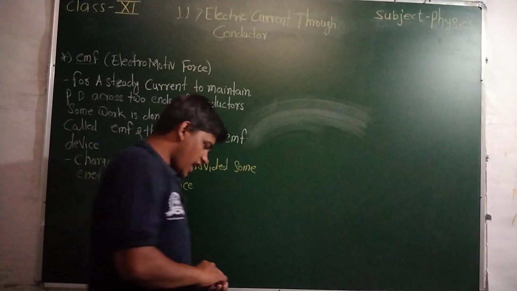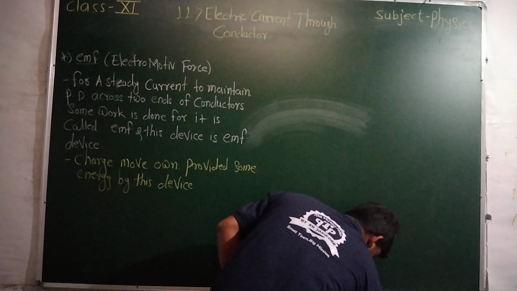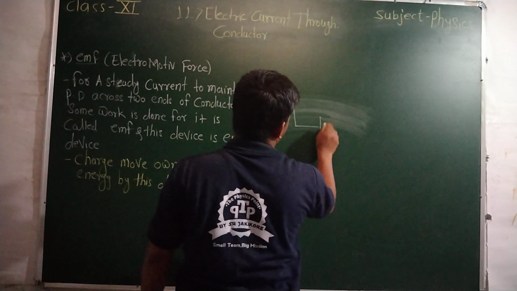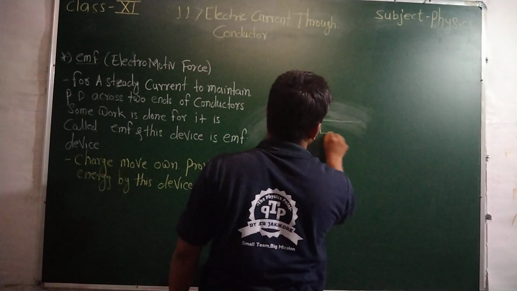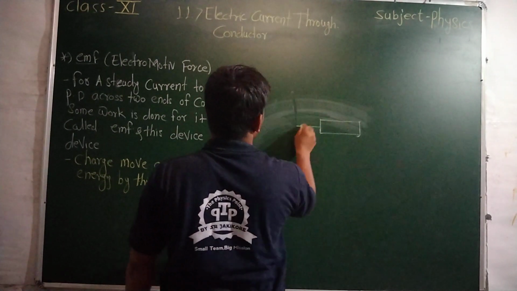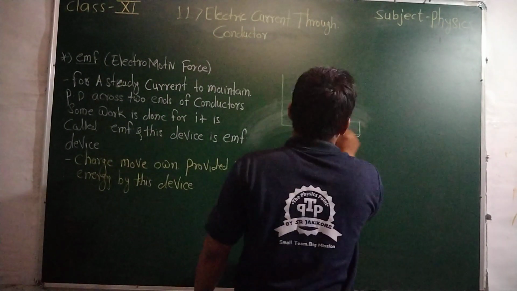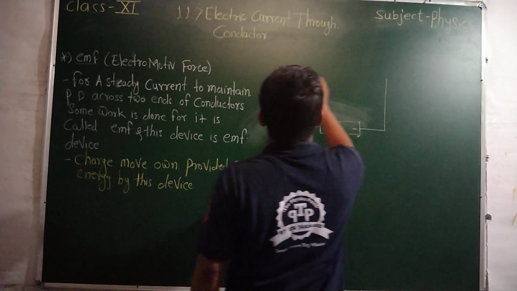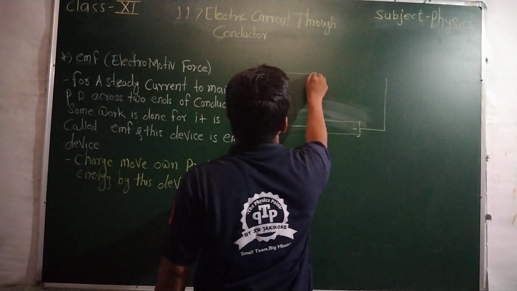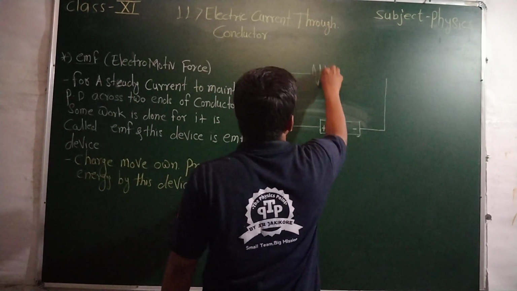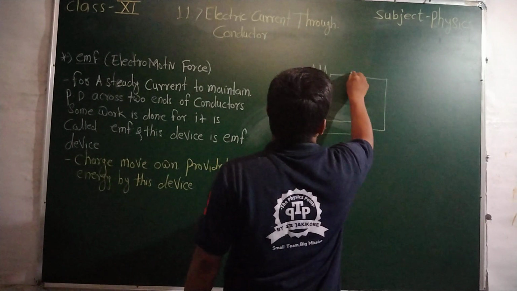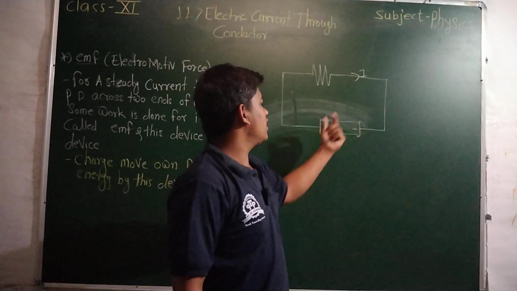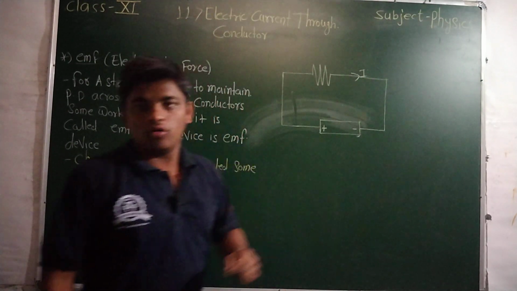Then I will draw a diagram here. Consider this is the positive terminal and this is the negative terminal, and current flows through. I apply a resistance R here, and current flows in this direction, from higher potential to lower potential.